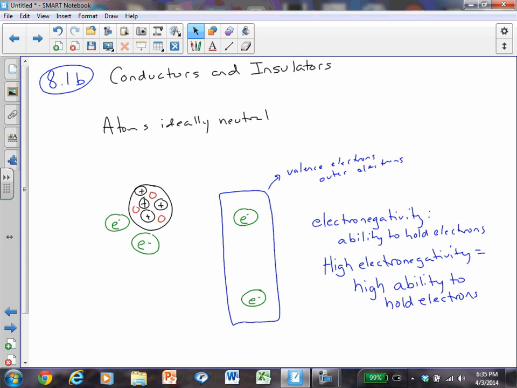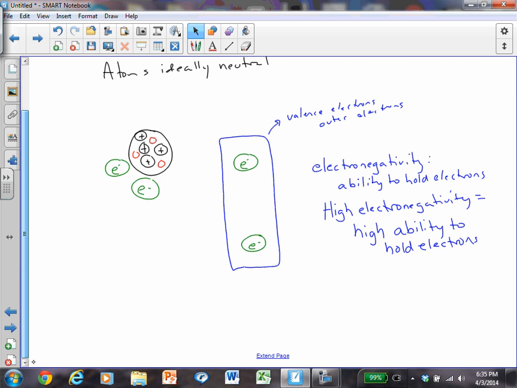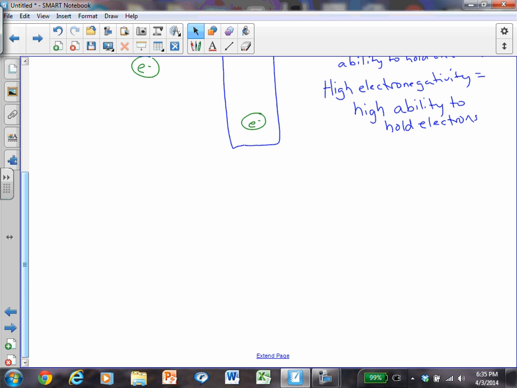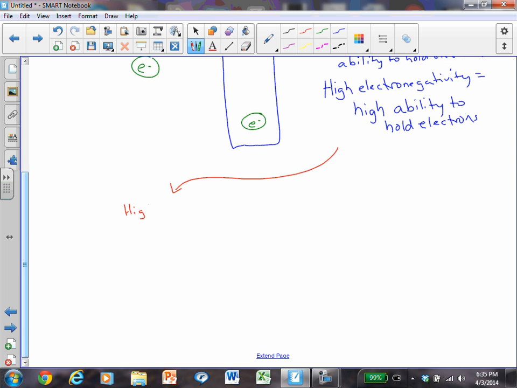So the various atoms exhibit a spectrum of behavior based on subtle differences in electronegativity. But most of the time we lump these into two basic things based on their electronegativity. If it has a high electronegativity, we call it an insulator.